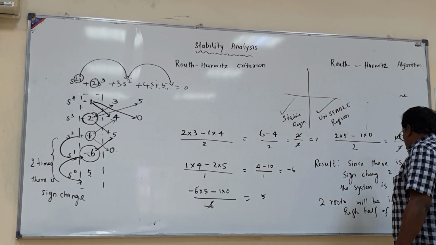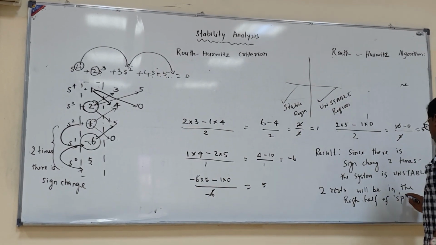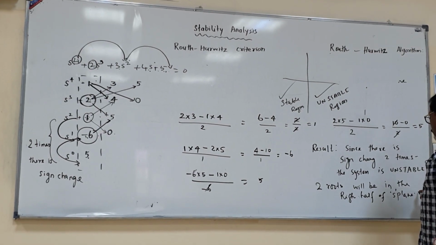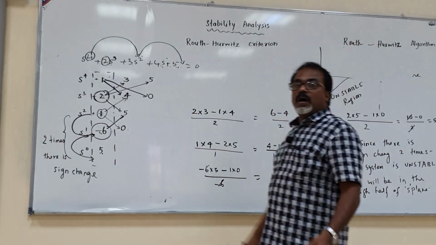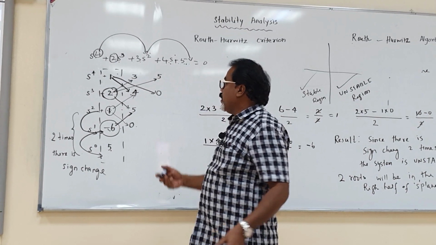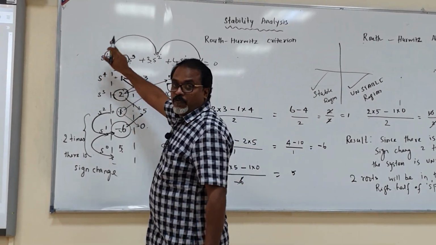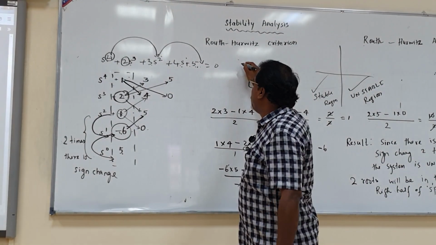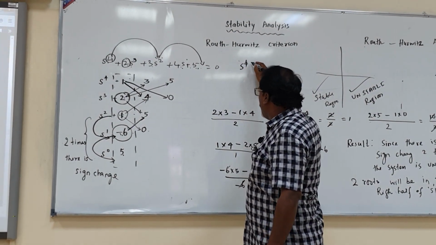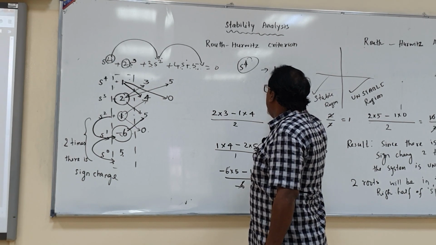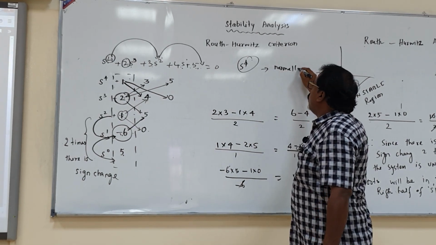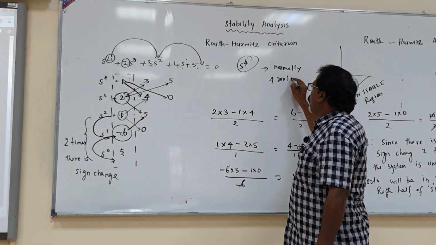The remaining roots: how many remaining roots are there? How can I find the total number of roots? See, the characteristic equation started with s power 4. The maximum power is s power 4, so normally 4 roots will be there.